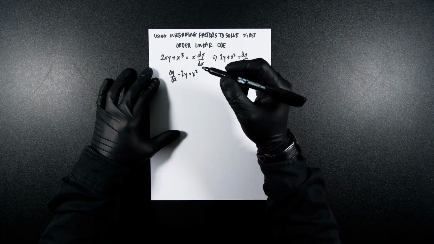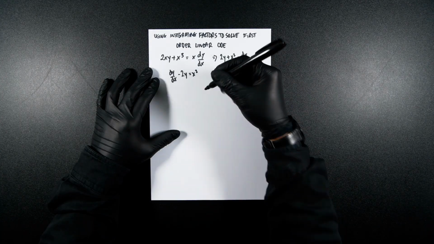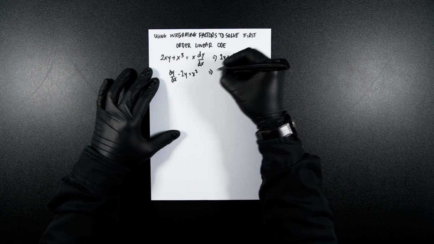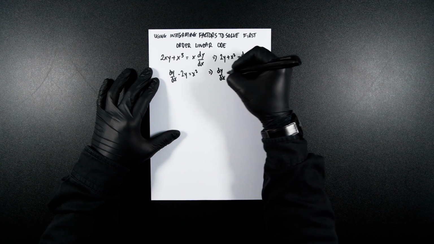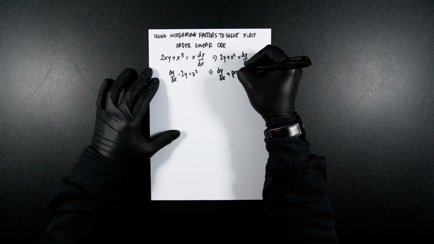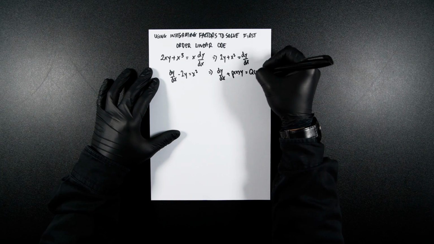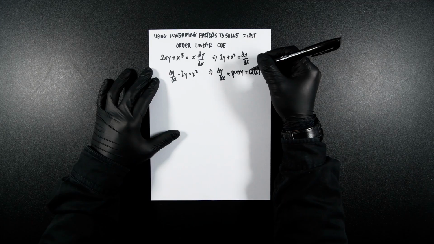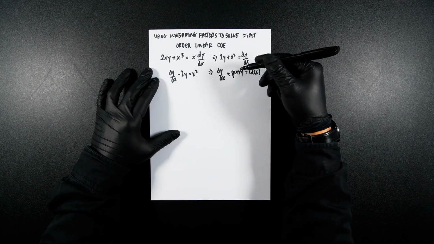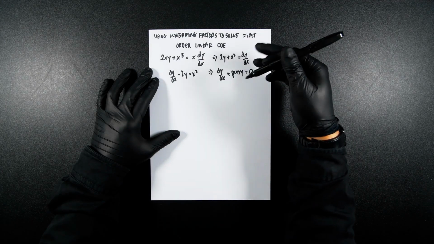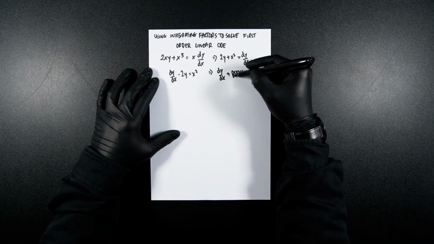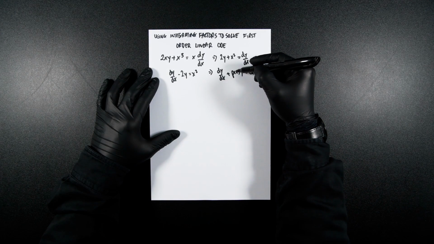Why have we done that? It's because the standard linear first order ODE is dy/dx plus p(x)y equals q(x). And that's because the integrating factor is essentially mu(x) equals the exponential of the integration of p(x) dx.